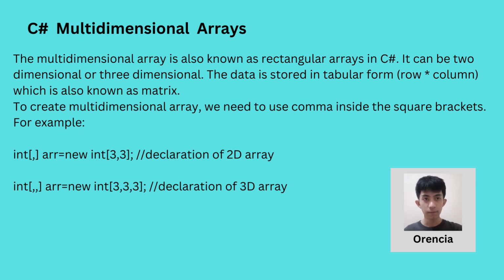In the second example, the code int[,,] r = new int[3, 3, 3]; declares and creates a three-dimensional array of integers in C#.